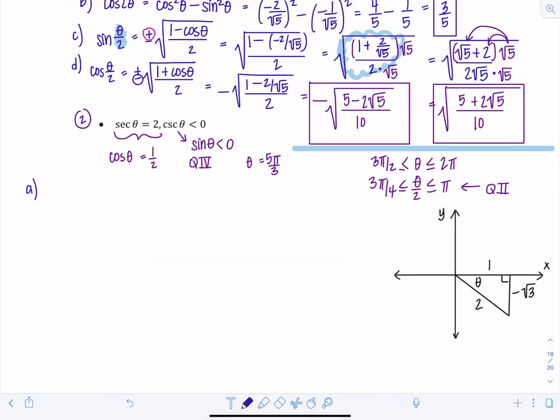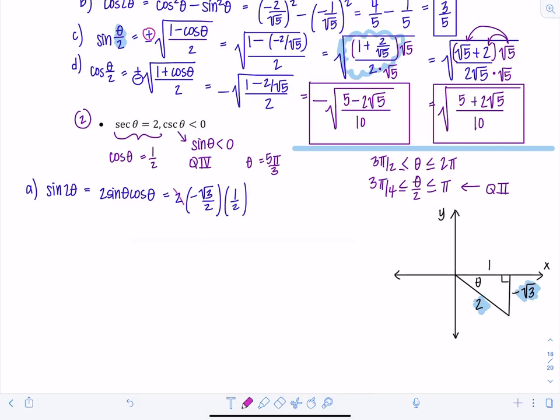So A, sine of 2 theta is equal to 2 sine theta cosine theta. So that's going to be 2 times, well, sine theta, that's opposite over hypotenuse. So negative rad 3 over 2 times cosine theta, which is 1/2.